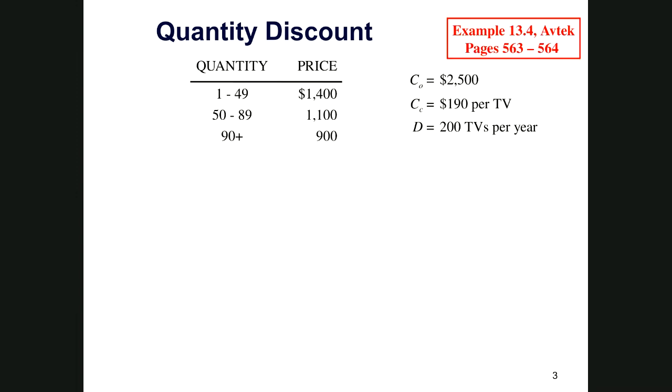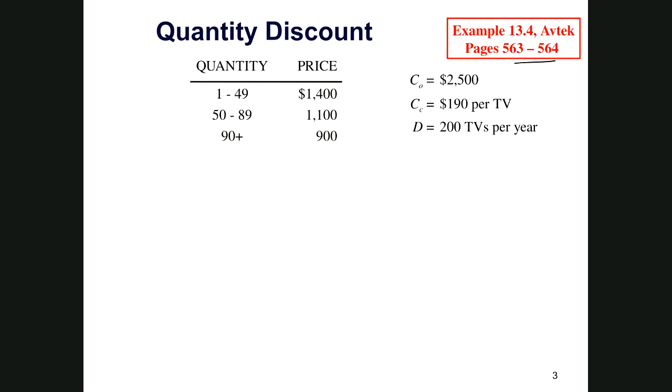This next example follows on pages 563 and 564 of your textbook, and let me read it. It's the Avtec problem. Avtec is a distributor of audio and video equipment, and Avtec wants to reduce a large stock of televisions. It has offered a local chain of stores a quantity discount pricing schedule as shown on the diagram.